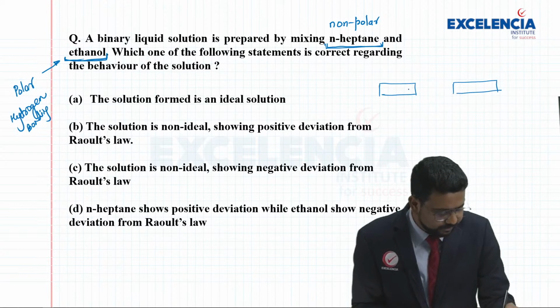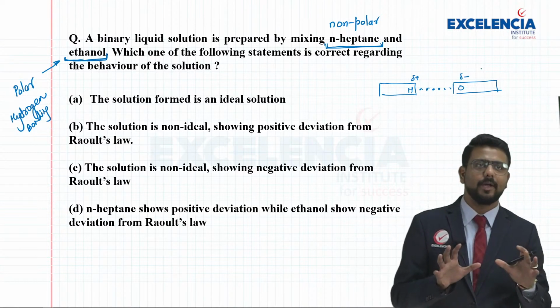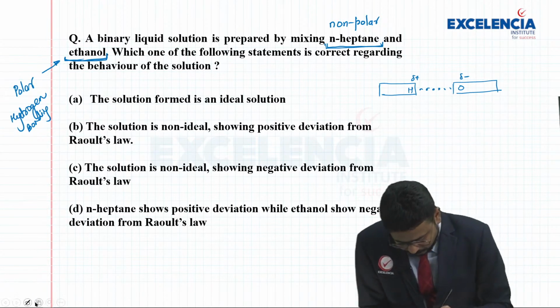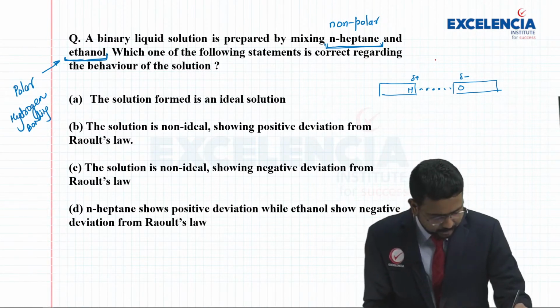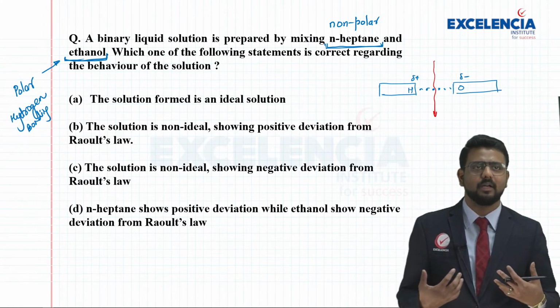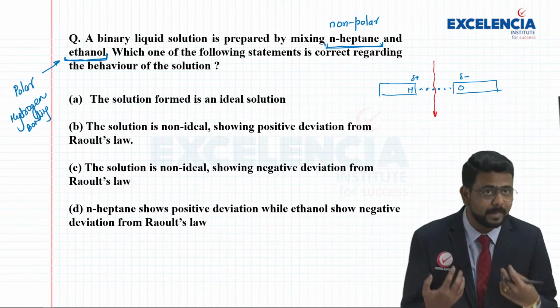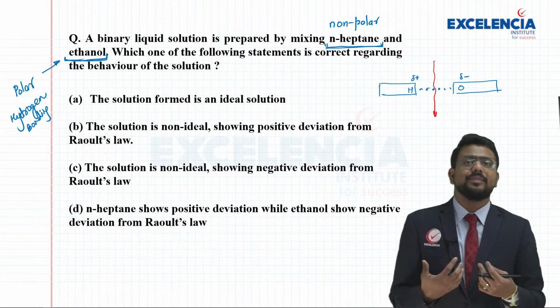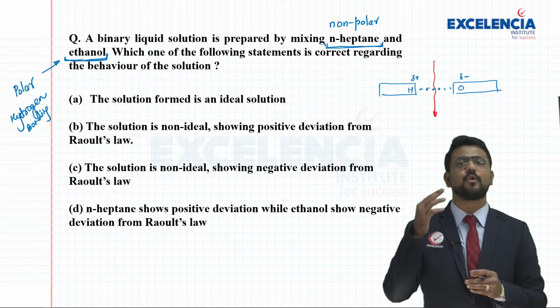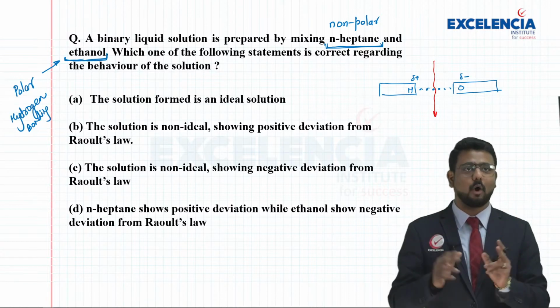So let's suppose there is hydrogen here, there is oxygen here, and they are already bonded to each other through these hydrogen bonds, right? These are the interactions present in ethanol. When we add n-heptane here, it is going to come in between these particles and break these interactions, because of which the relative escaping tendency is going to increase for both the components.